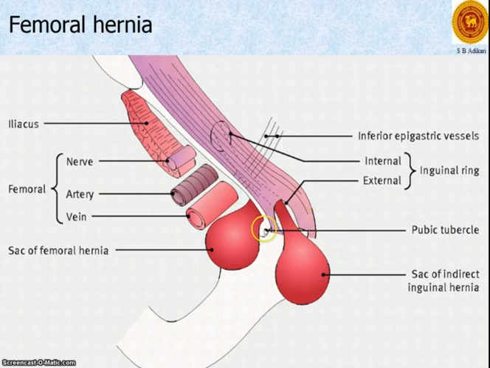Femoral hernias lie below and lateral. Inguinal hernias lie above and medial to the pubic tubercle.